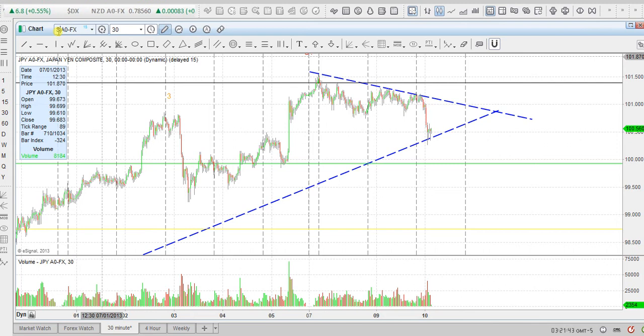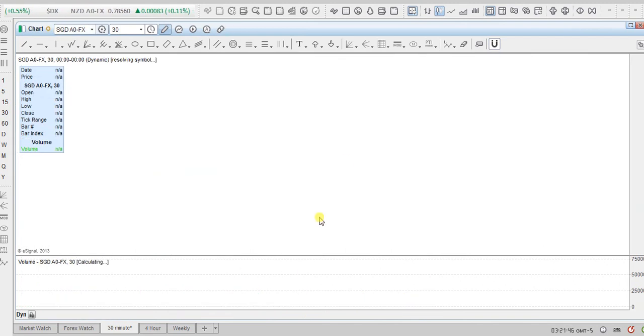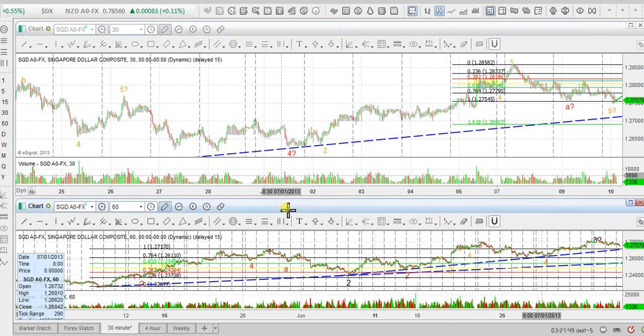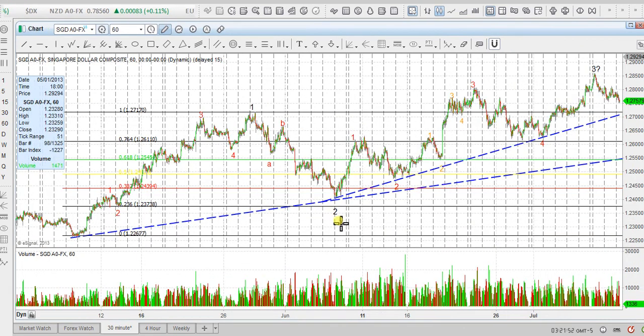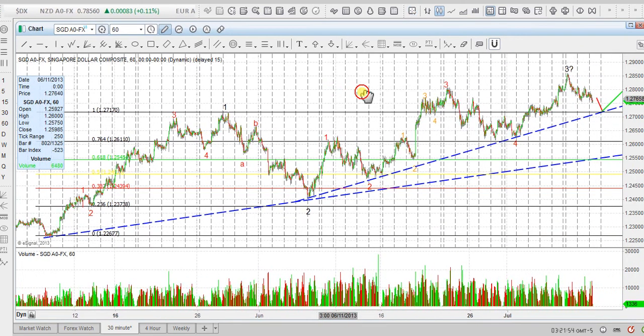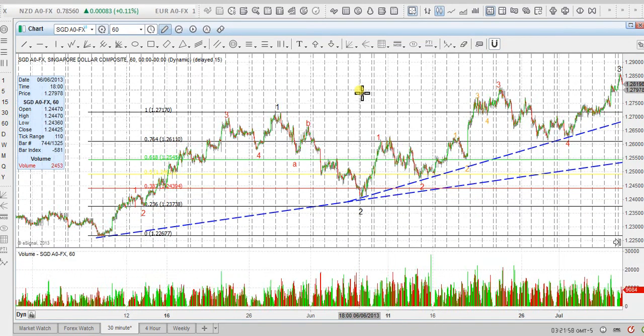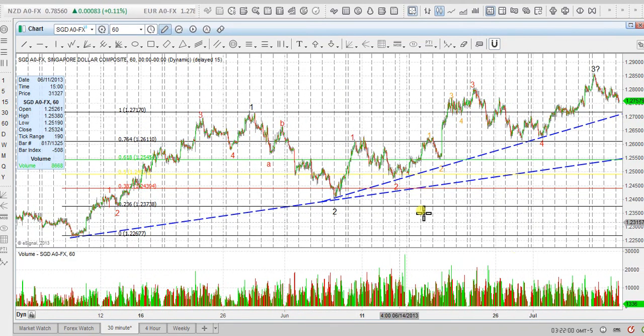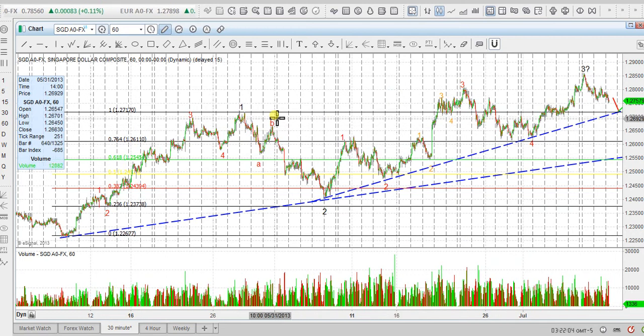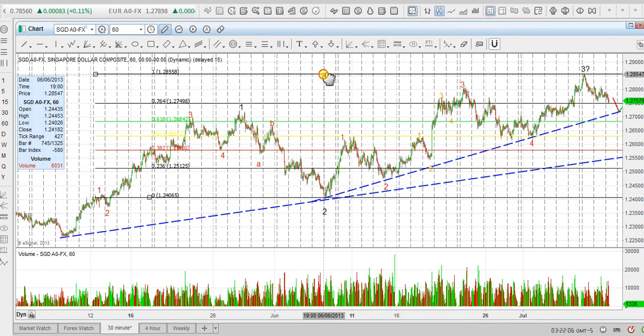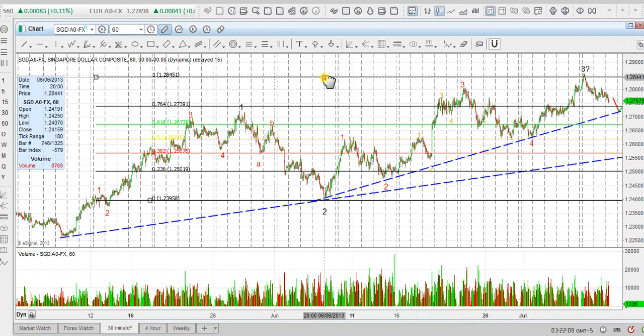Now as we shift gears over to the Singapore dollar, you see that this pair is in that corrective wave 4. So with this we had waves 1 through 3 completed. With the 3 wave we saw the spike in volume, and wave 3 actually did about a 100% move of wave 1.